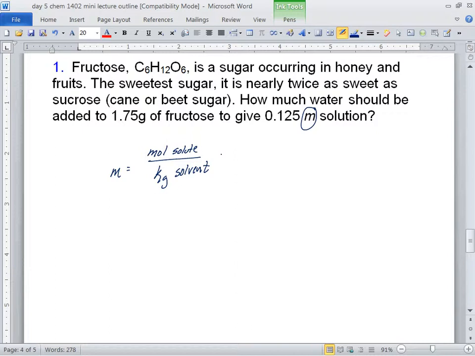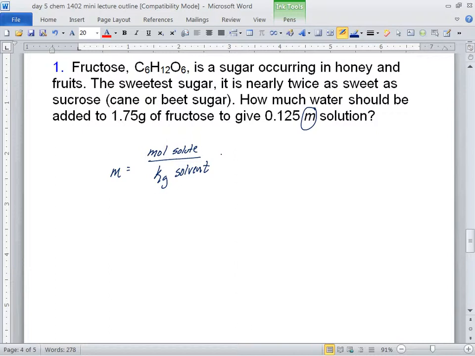And sometimes I think it helps not even to write the words solute and solvent and just write in what they are. Like instead of writing solute, I could write C6H12O6. Instead of writing solvent, just write H2O. Right?